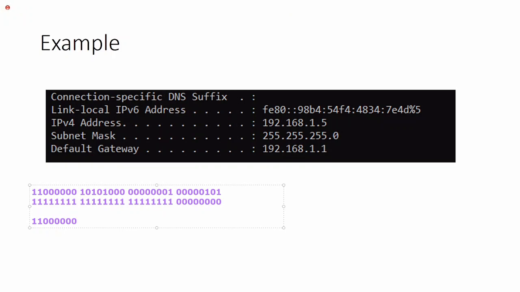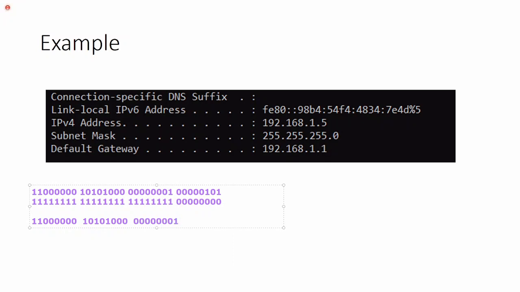Then next one, again 1 and 1, 1, and 0. This one 1, this one 0, again this one 1, this one 0. Correct? Then the next one, all are 0 other than the last one, 1.